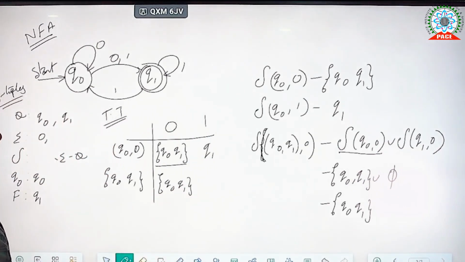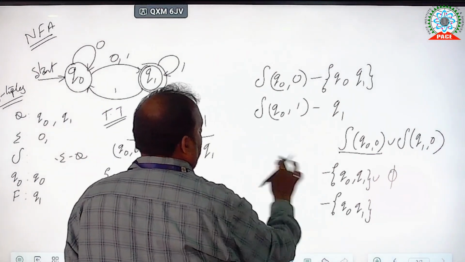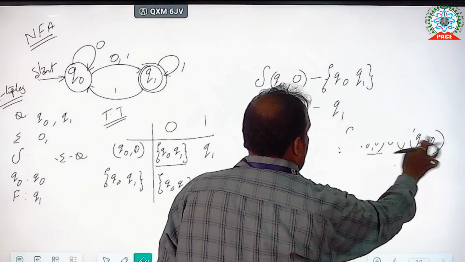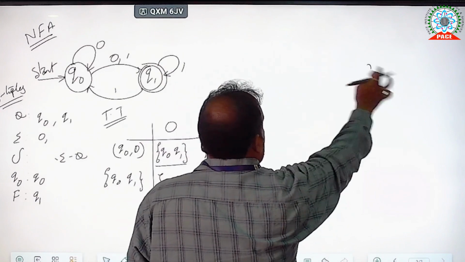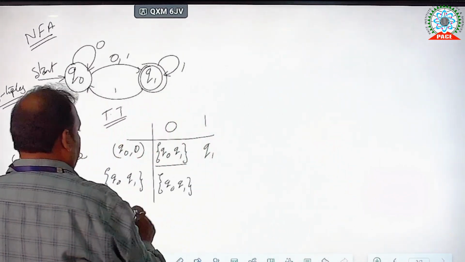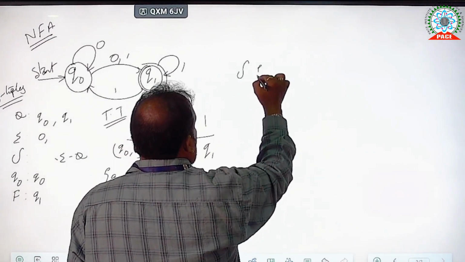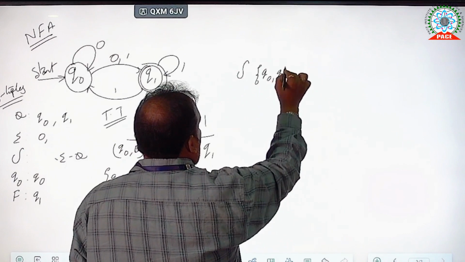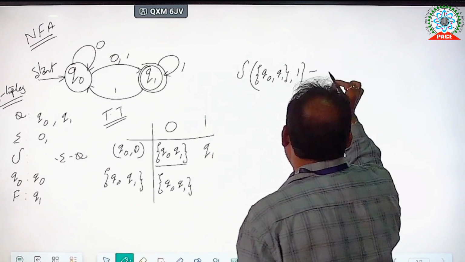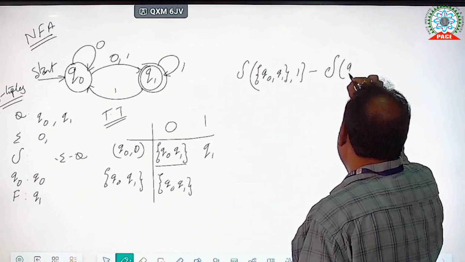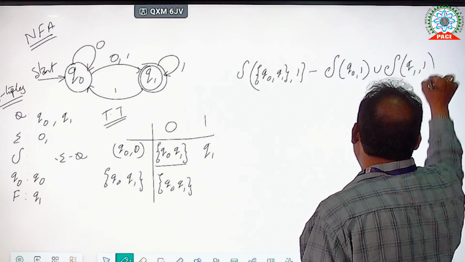Then the next simplification of delta Q naught comma Q1 along with the one transition. So here the simplification is like this: delta Q naught on 1 union delta Q1 on 1.